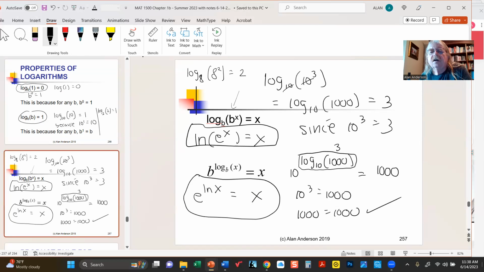In other words, because log 10 of 1,000 is 3, 10 cubed is 1,000. So it's almost as if these were canceling each other out. So you just end up with 1,000. And that implies, in terms of natural logs, e to the log x power is just x. And you can think of e to the x and log x as being inverses of each other.